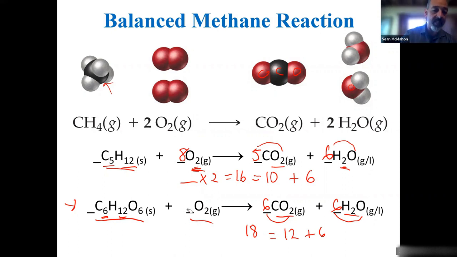They are wrong because what they are forgetting is in this fuel source, there's O6 in the glucose. So yes, on this side, there's 18, but we got to go 18 minus the 6 in glucose leaves 12. So now I need 12 more. How do I do that? 2 times what number is 12?